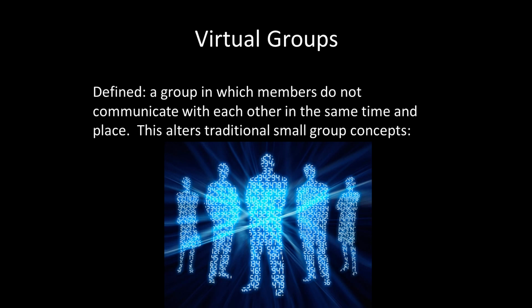Synchronous communication, most commonly understood as face-to-face communication, can also take place in virtual groups, whether it's talking over a telephone or a Skype phone call or some sort of video chat. The key thing is that synchronous conversation happens at the same time, even if it's in a virtual environment in a different place; it's still happening simultaneously.